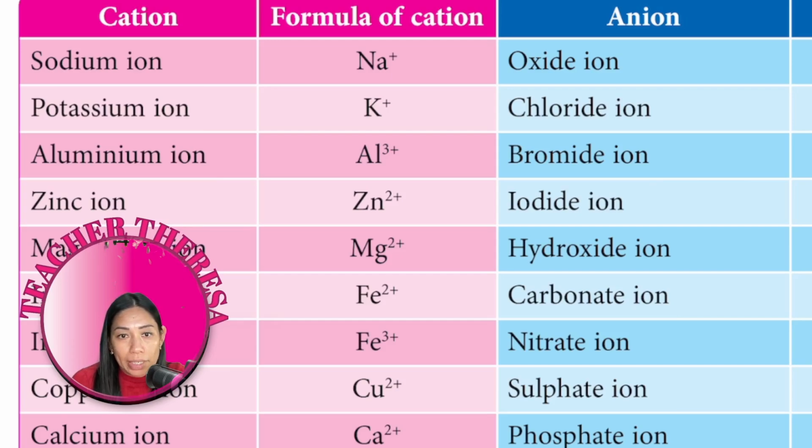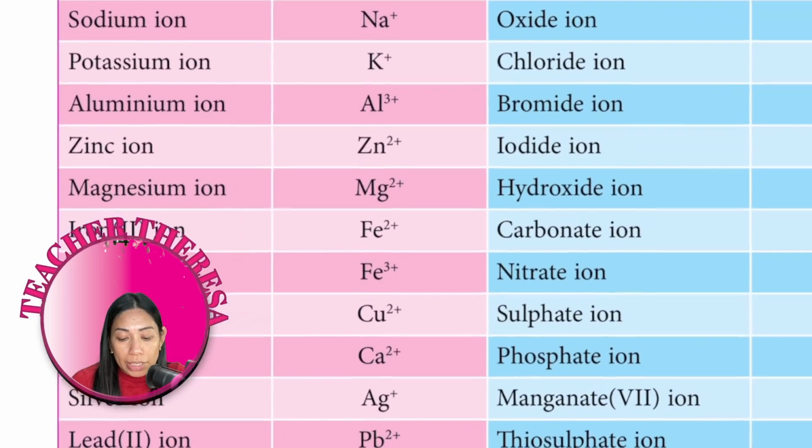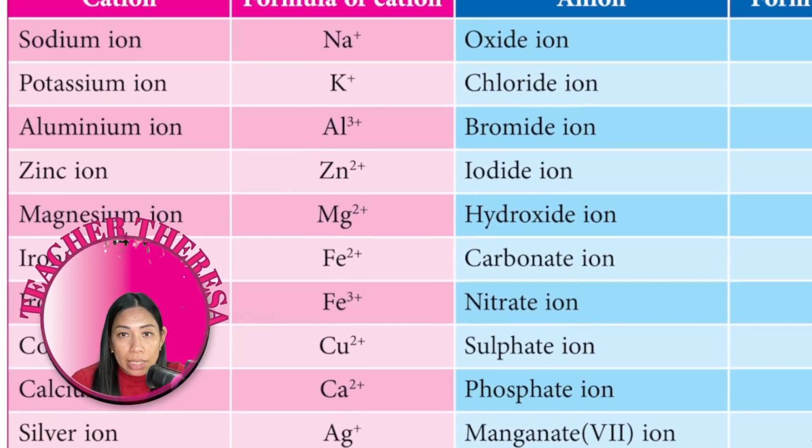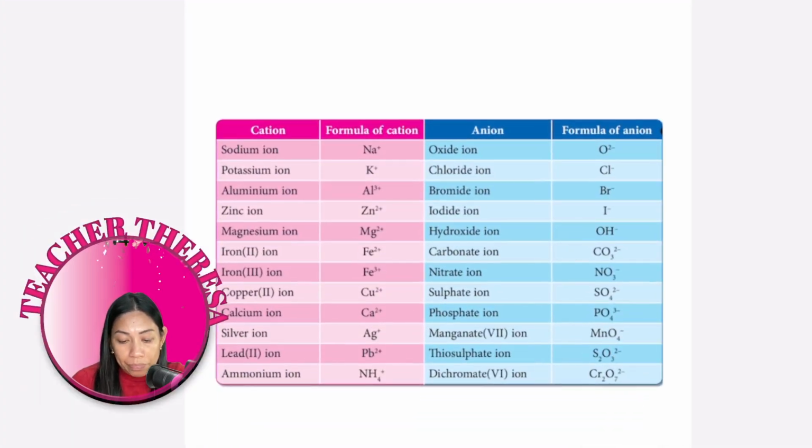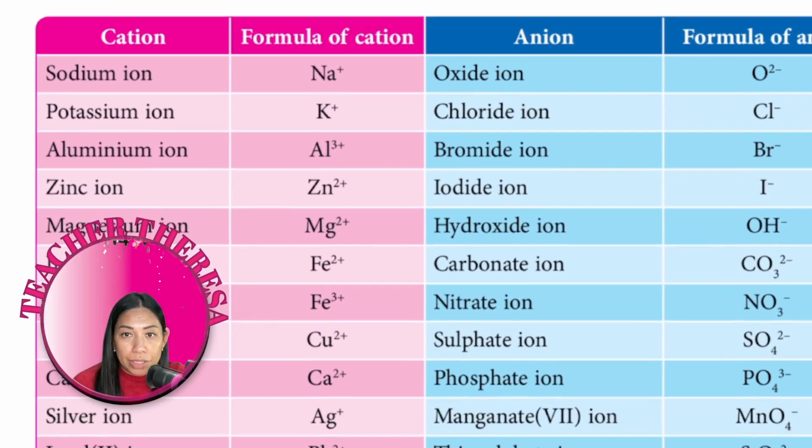You have to write down a few times in order to practice knowing the symbol and the charge. If you look at the list of the ions, some ions are two positive, some ions are one positive, and some ions are three positive. So let's look at the different charges.